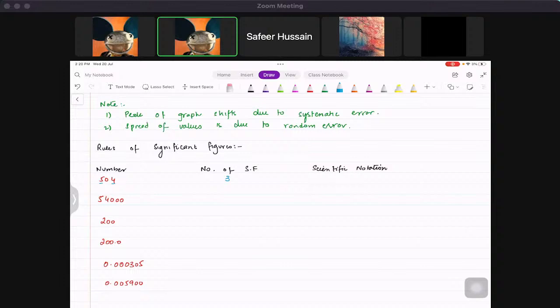In this one, the first 2 will be significant and these zeros will be non-significant because they do not have any other number than 0 afterwards. So this number has just 2 significant figures. Is it clear, everybody?